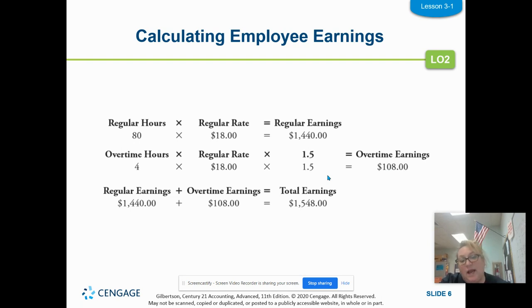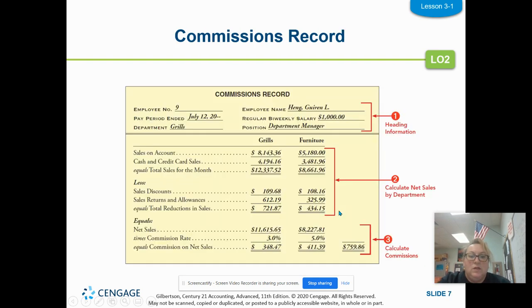Half of that is 9, so you add 18 plus 9, which gives you 27, and then multiply that 27 by 4. It's easier to take the regular rate and multiply it by 1.5 because it's more clear-cut, in case your regular rate is something like $7.25. This is how we calculate total earnings: you take your regular pay plus your overtime, and that equals your total.